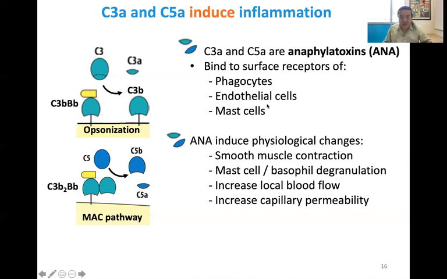These little pieces of C3a and C5a bind to receptor proteins that are on immune cells that can interpret them and use them as a message to come help out. But importantly, they can also bind to the surfaces of immune cells that release things like histamines that cause a lot of inflammation to happen. And they can bind to receptors on endothelial cells, which are the lining of your blood vessels.